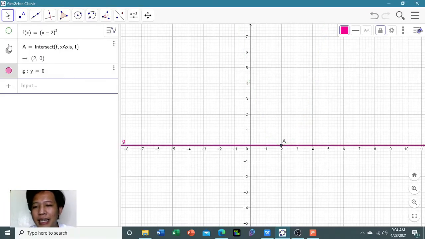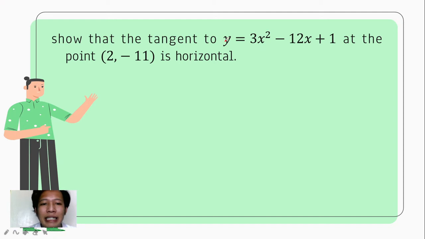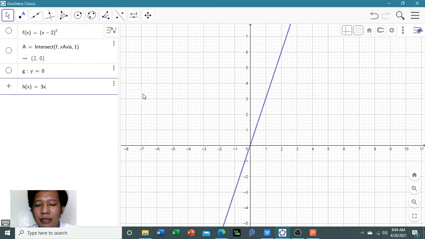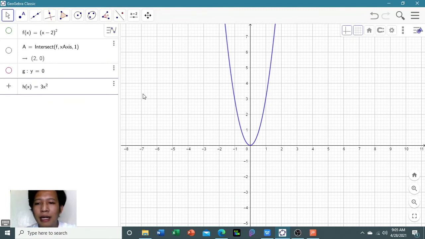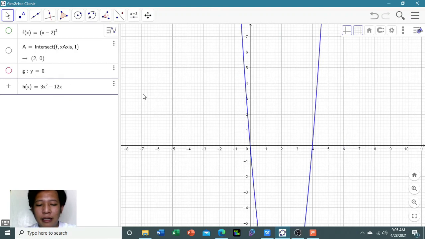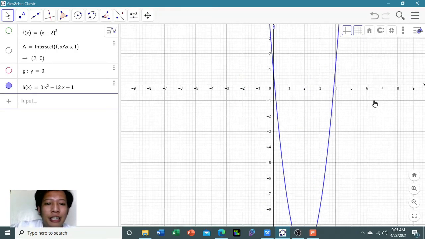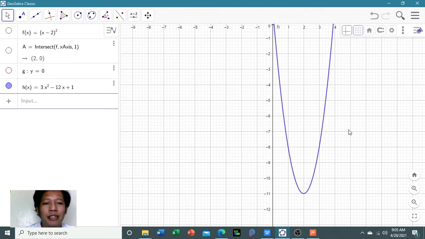Ang sabi dyan, our function is 3x squared minus 12x plus 1. Alright, so this is our function.